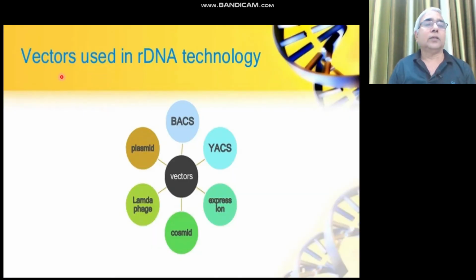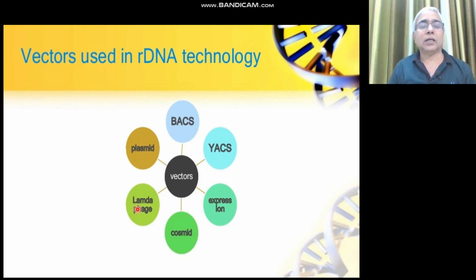Different vectors have been used in rDNA technology. The first vector which was used was the plasmid, which is present in bacteria. These plasmids have certain limitations because they can carry only very small DNA sequences, so the lambda phage was used.